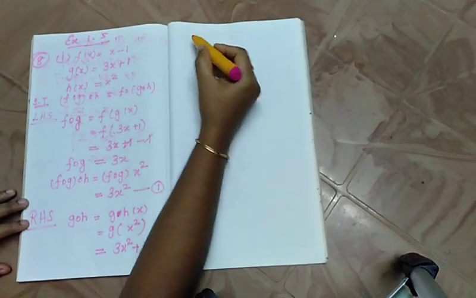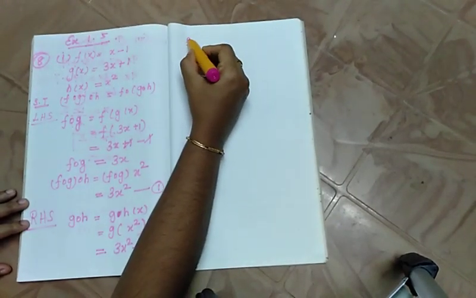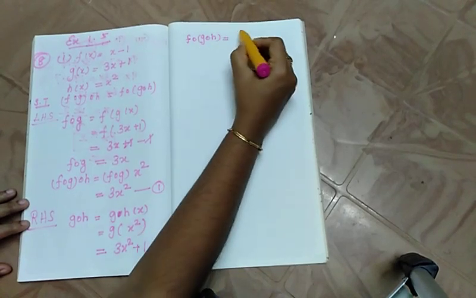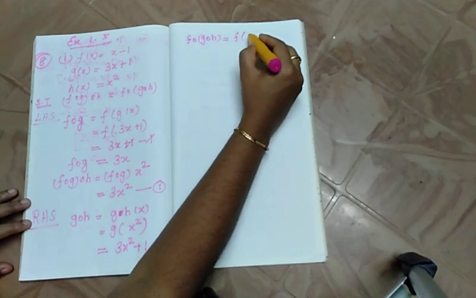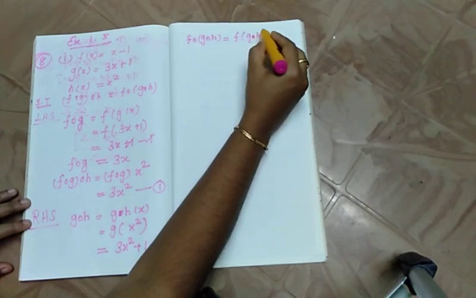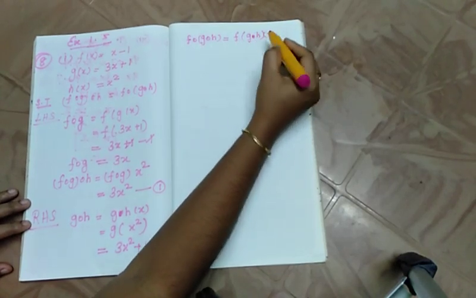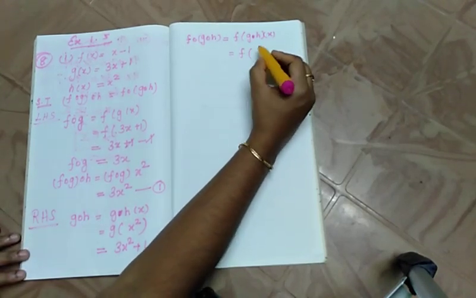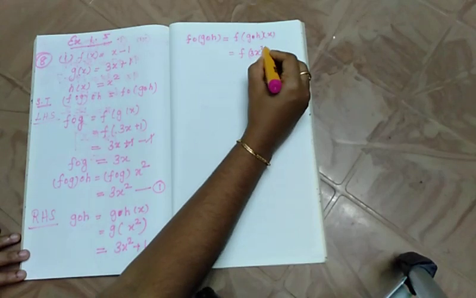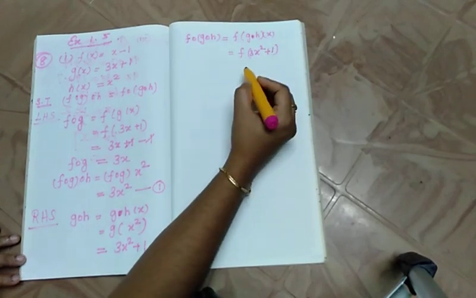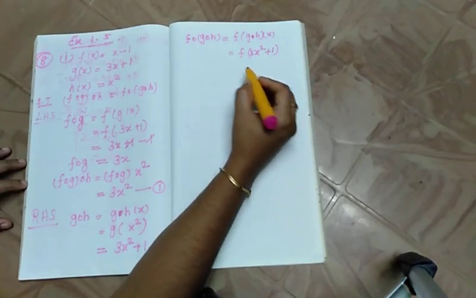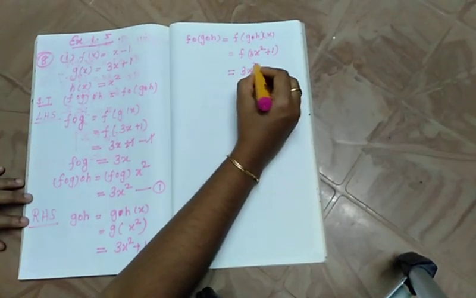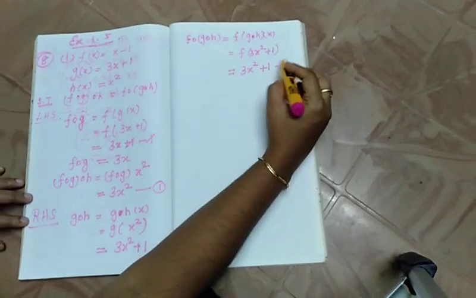Now f of, which is equal to f of g of h of x. So what you will get, f of, what is g of h of x is 3x square plus 1. Now f of x is x minus 1. So f of 3x square plus 1 means 3x square plus 1 minus 1.